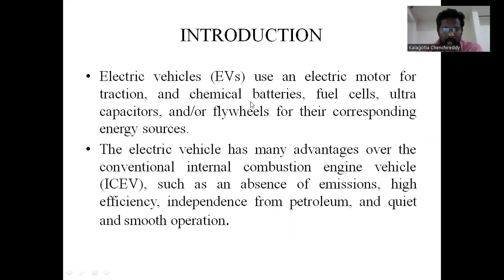The second is energy sources: chemical batteries, fuel cells, ultra capacitors, and flywheels. These four are the energy sources in the JNTU syllabus. Other sources also exist, such as compressed air systems, but they are not in the syllabus.